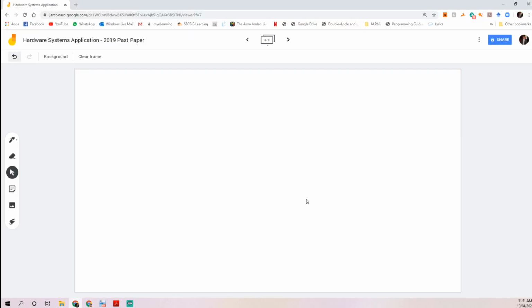So the block diagram for this, so let's start with question 5, part A. Okay, the block diagram is going to look something like this. We have our clock input.